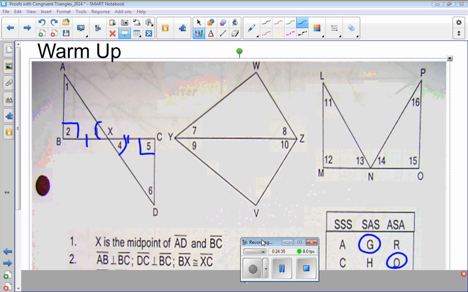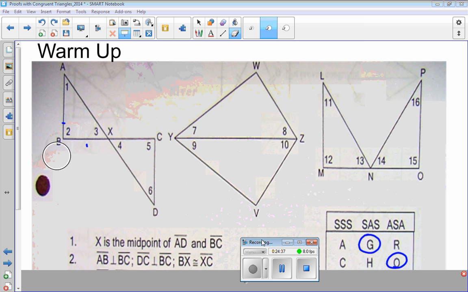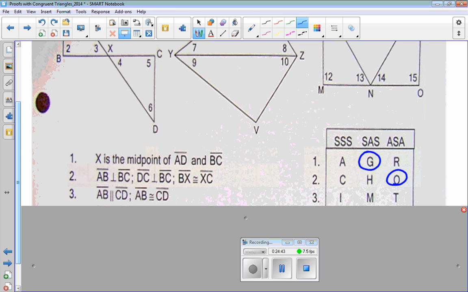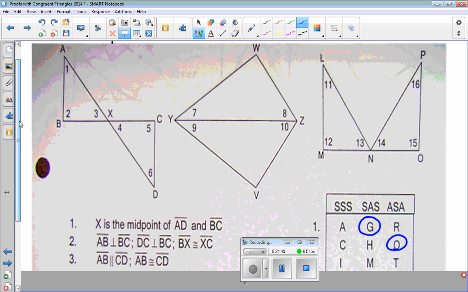All right, let's try one more here. Let's try number 3. In this case, again, a different set of information. We're told AB and CD are parallel. Usually with parallel lines, that's one of our flip chart things, right?